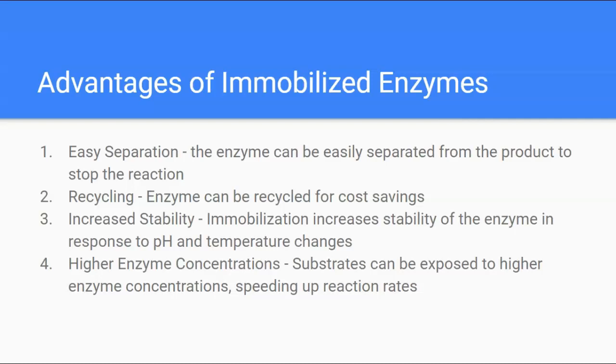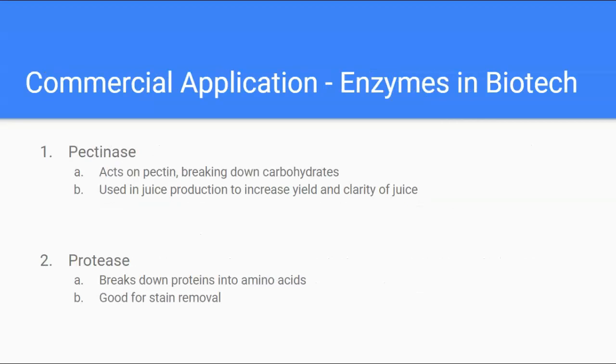And then higher enzyme concentrations. Of course, if you're separating them out into a pure environment, you can just add more. So you can increase the enzyme concentration, which just speeds up the reaction even faster. And then other commercial uses: we talked about making lactose-free milk, but you can also use pectinase, which is another enzyme.